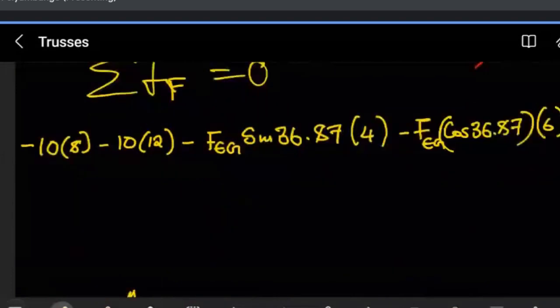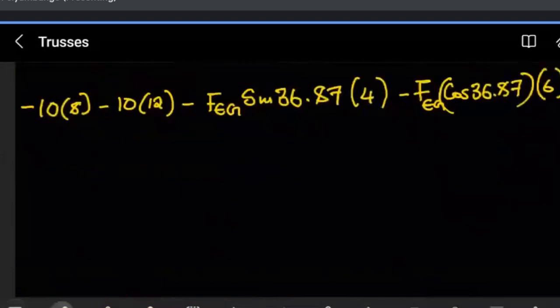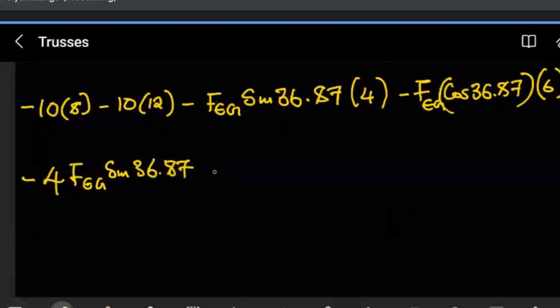At this point, just try to now work out this for FEG. I'll take everything that doesn't have FEG to the right, leaving us with just minus 4 FEG sine 36.87. I'll write the 4 in front so it doesn't confuse us. Then we have minus, now the 6 again, FEG, but this time it is cos 36.87.